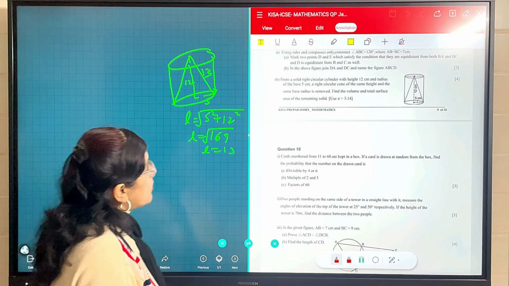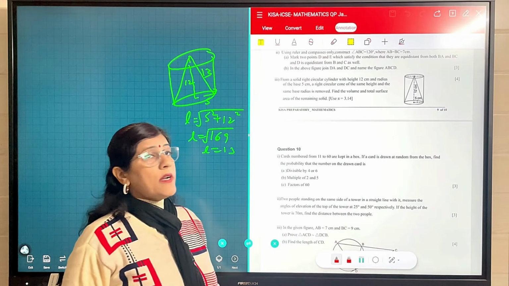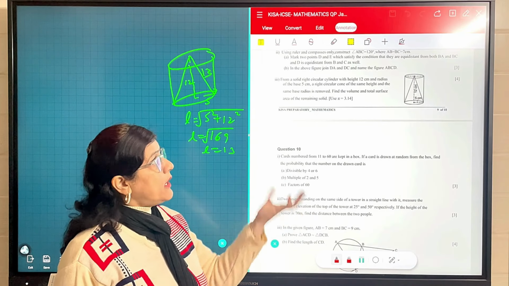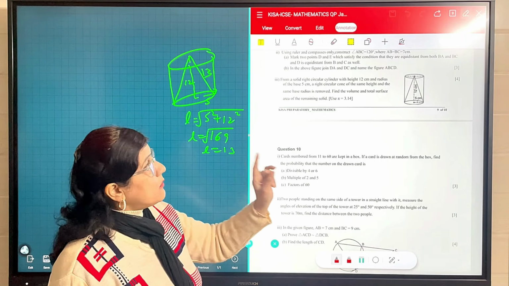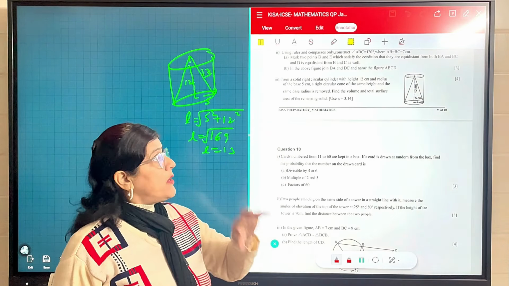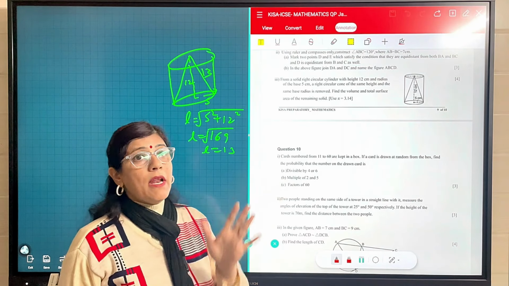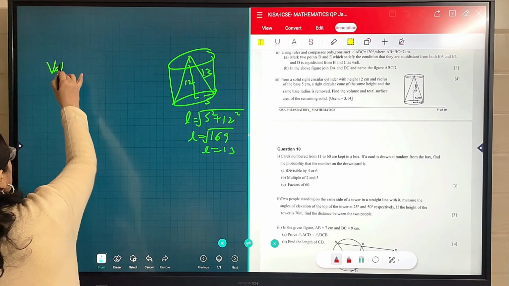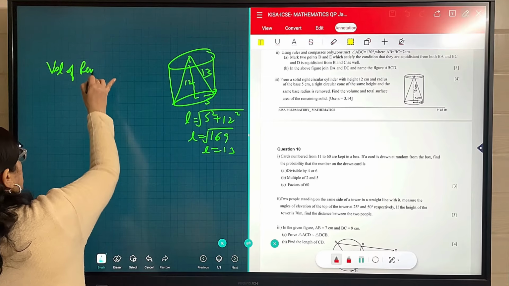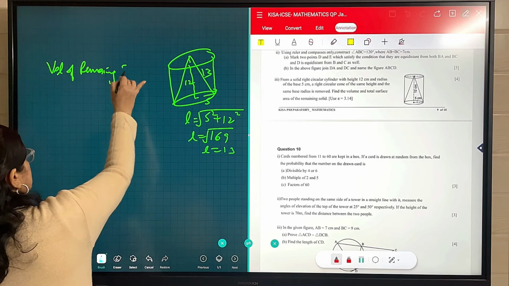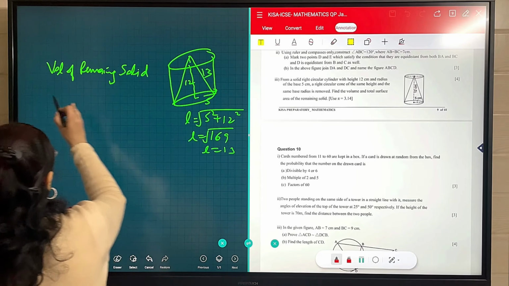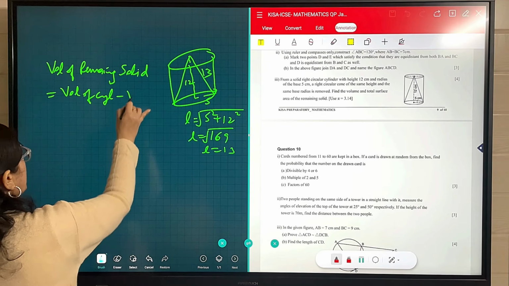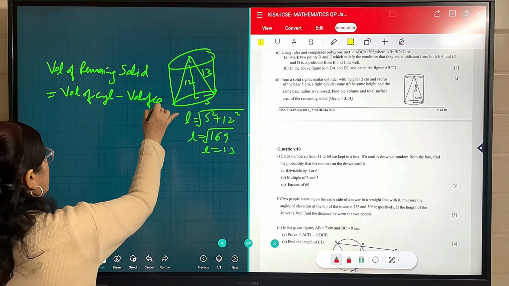Now find the volume and total surface area of the remaining solid. Whenever one solid is inside the other solid or we have cut it, while calculating volume we will subtract, but while calculating total surface area we will add these two figures. So first, for finding the volume of the remaining solid, we will take the volume of cylinder minus the volume of cone.